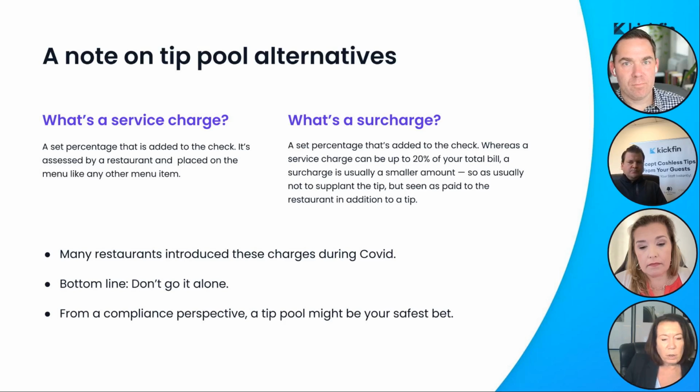And we just want to tell people that when you are deciding how to market your alternative compensation plans, if you're going to consider something like a service charge or a surcharge, think very carefully, talk to attorneys. It's very complicated how you put it on your menus and how you put it on your guest checks. So as we say, don't do this alone at home.